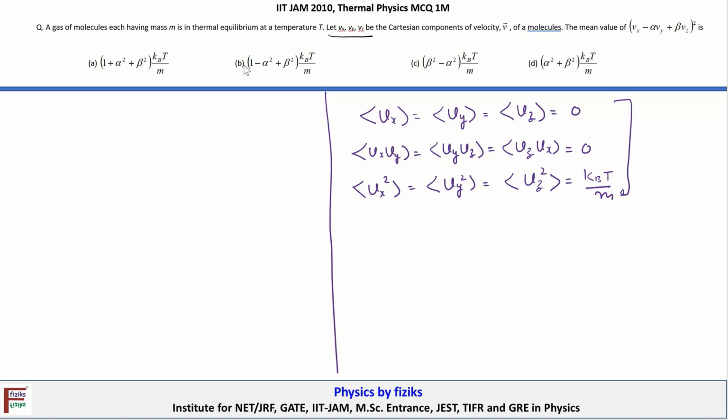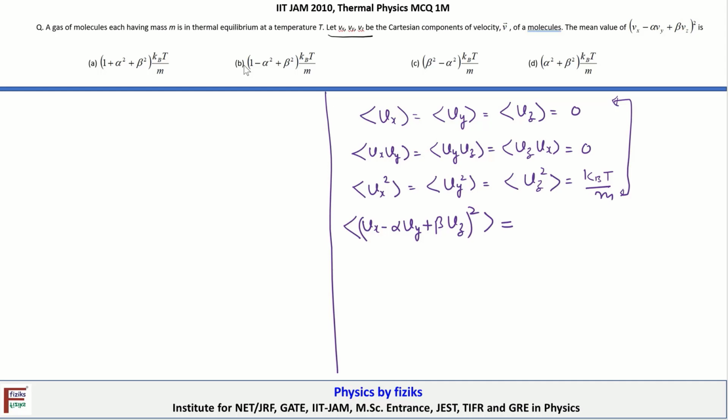Okay, and with the help of these three results we can evaluate the mean value of the given expression. We are supposed to find the mean value of (Vx minus alpha Vy plus beta Vz) whole square, and its average.